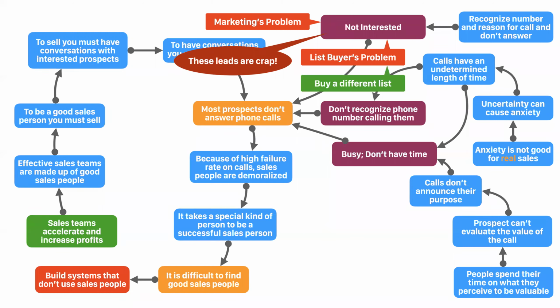So, the person that's buying a list goes to buy a different list, but maybe that's not the problem at all. And so hopefully if you do have a sales team and they are struggling and they tend to tell you the leads aren't good, this part of the presentation is a great place to talk and have a discussion, because it helps them to recognize that maybe there's another reason people aren't answering.